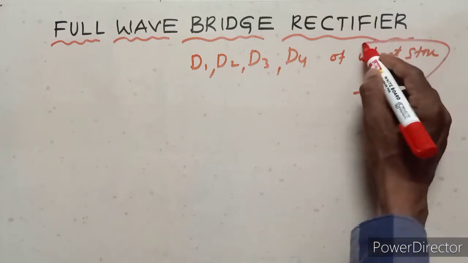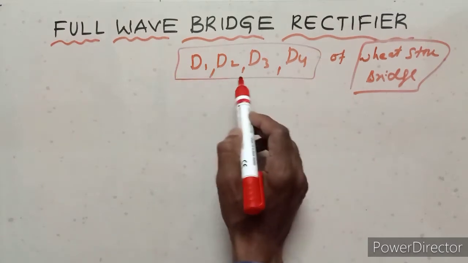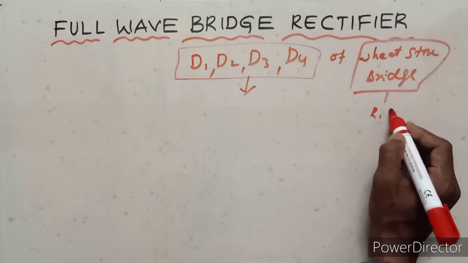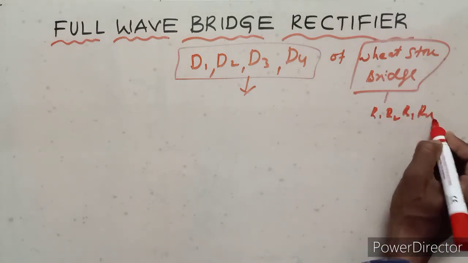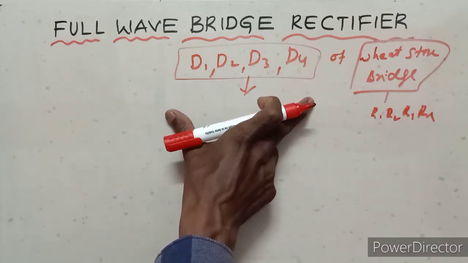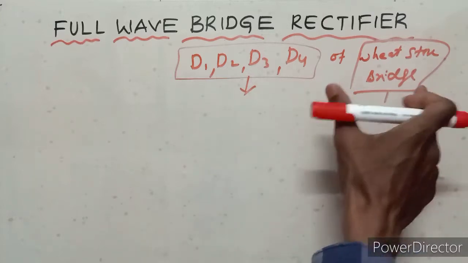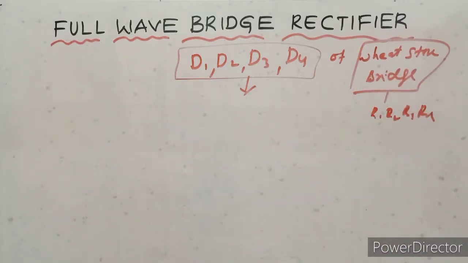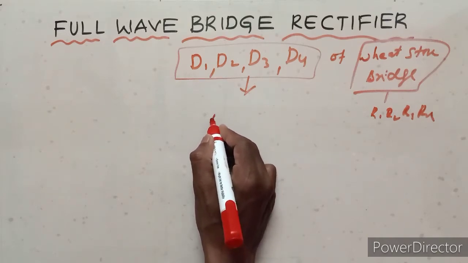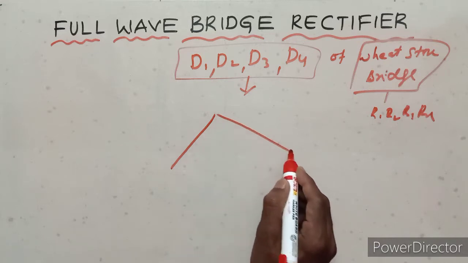In the Wheatstone bridge there are 4 resistances, R1, R2, R3, R4; in the bridge rectifier there are 4 diodes, just like the 4 resistances of the Wheatstone bridge. The Wheatstone bridge is in this form.